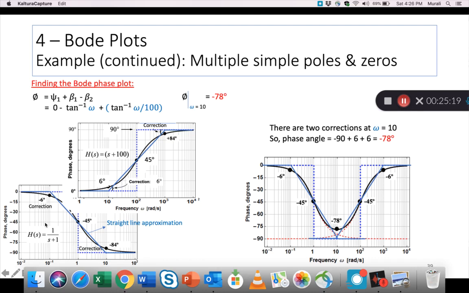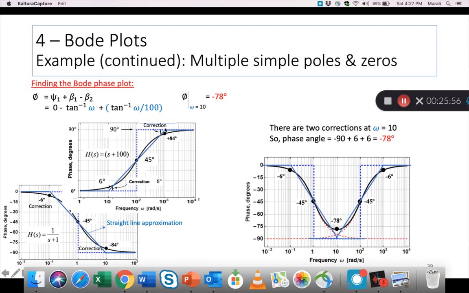So the pole leaves us here at minus 90, and from here we start climbing back up. First we climb up to 45, which happens when the frequency is 100, which is the break frequency for the 0. And then in another decade you hit the highest point, which would have been another 45 degrees from here.